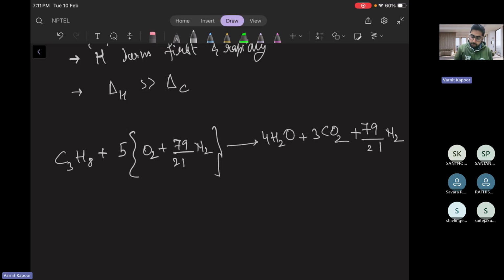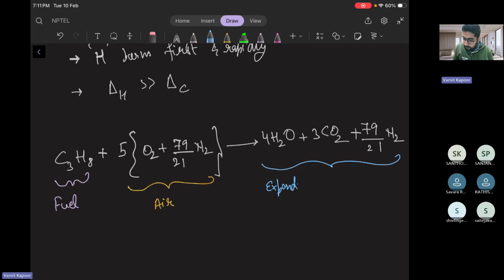Okay. So this was initially your fuel, this was your air, and this is the expanded or exhaust gas.